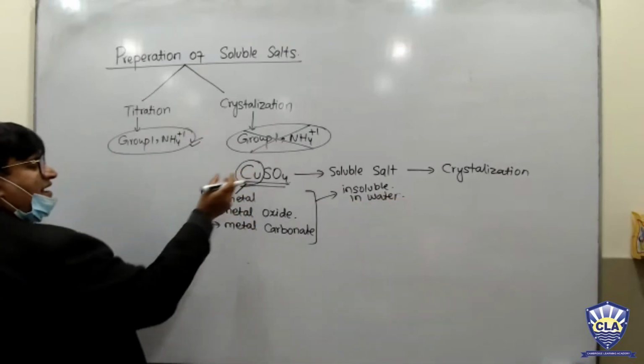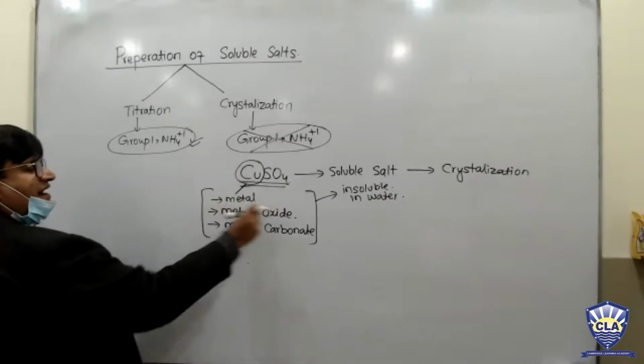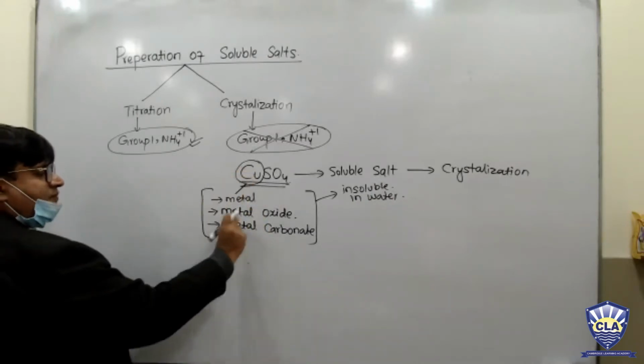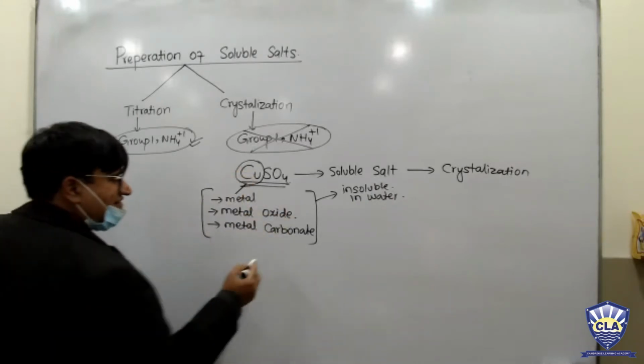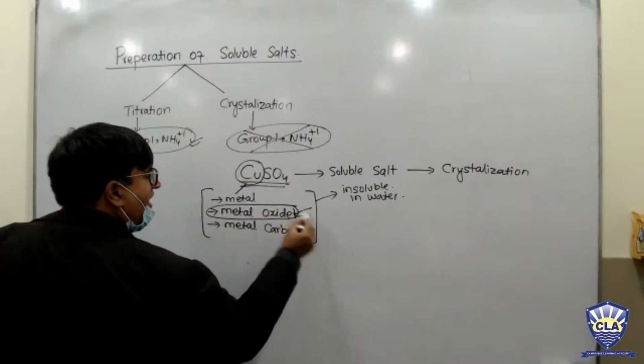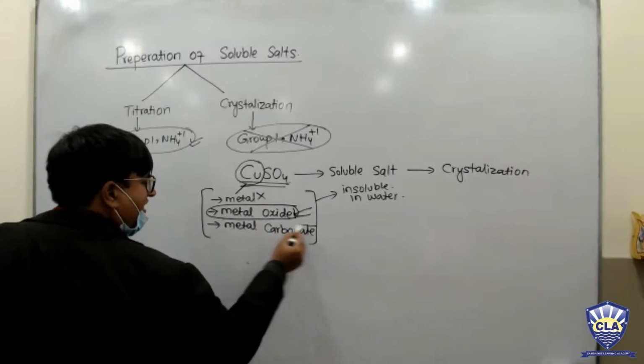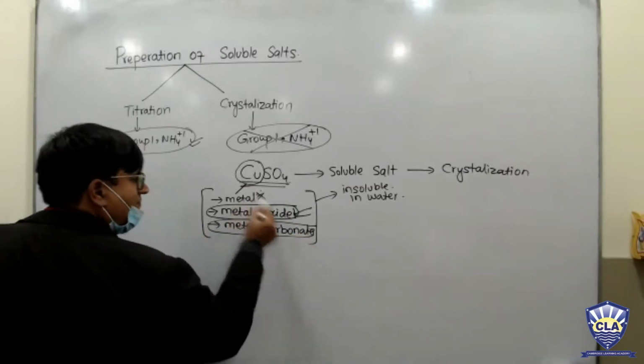So you can take a metal, a metal oxide like copper oxide, or copper carbonate. But I suggest you always take the metal oxide. Don't take the metal. You can take the metal carbonate, but don't take the metal.